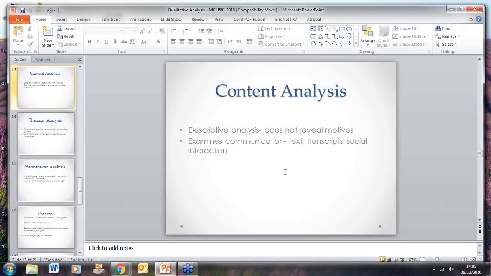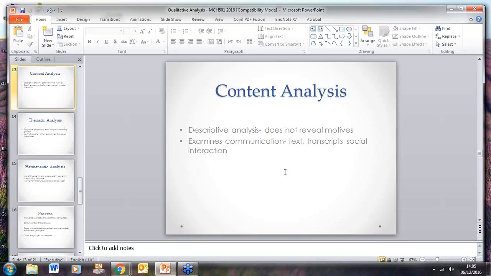And you might think, well, that doesn't have any relevance to the question that they've asked. But actually, if they've used an aspect of content analysis, they might have a numerical representation for a specific piece of information. So they examine the conversation and they examine the text for specific content.